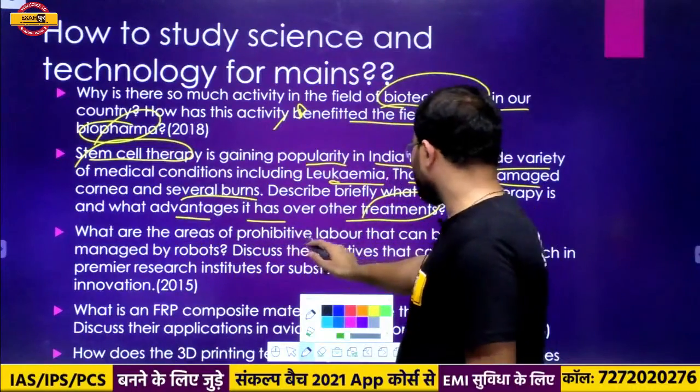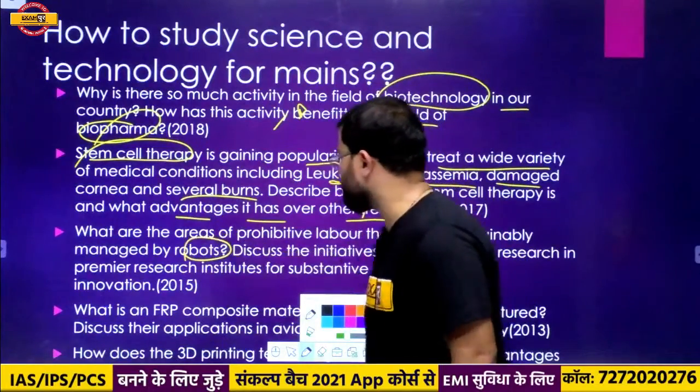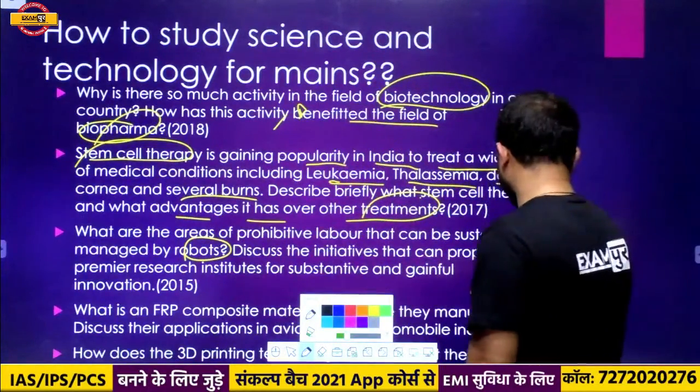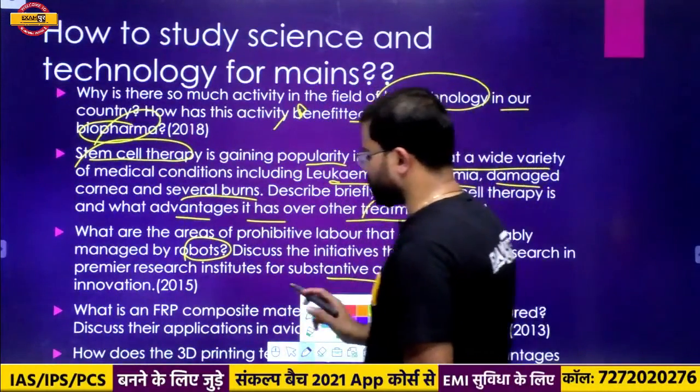Now, what are the areas of prohibitive labor that can be sustainably managed by robots? Discuss the initiatives that can propel research in premier research institutions for substantive and gainful innovations.